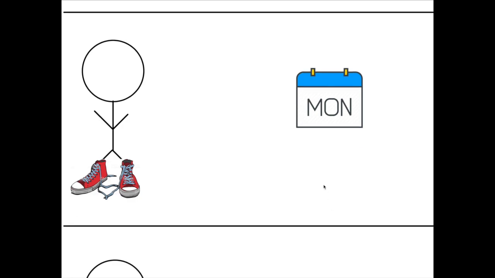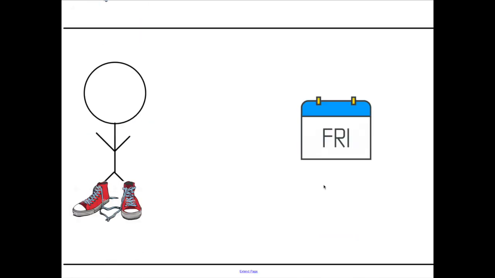Now, what if we were in the same scenario, but it was Friday? Does changing the day of the week impact the probability that I'm going to tie my shoes? No. I'm equally likely to tie my shoes, generally speaking, no matter what day of the week it is, because the danger of tripping and hurting myself doesn't depend on whether it's Monday, Friday, Sunday, or Thursday. It doesn't depend on the day of the week.